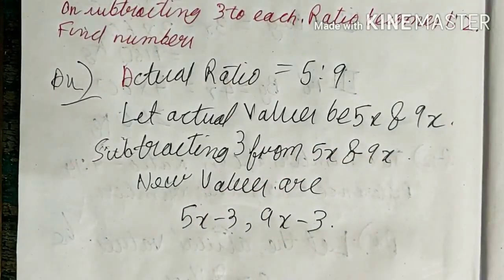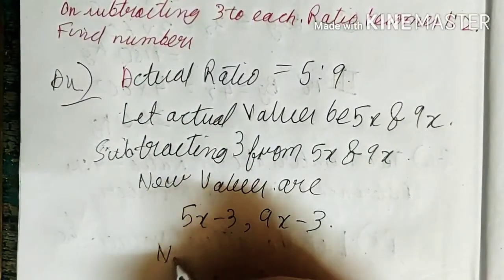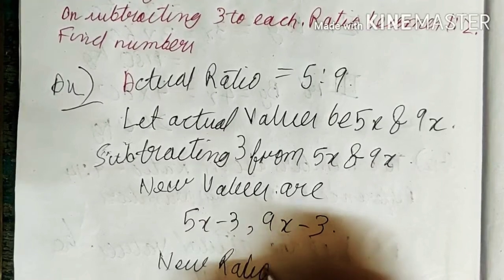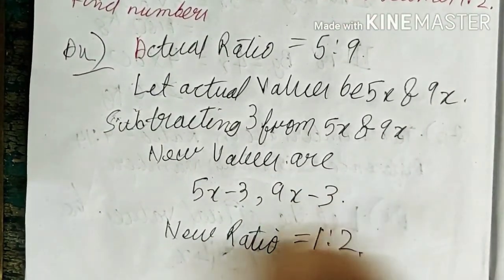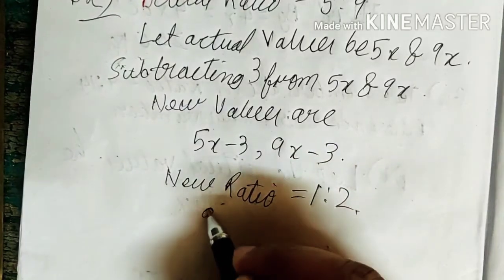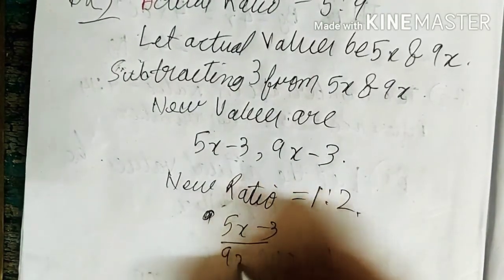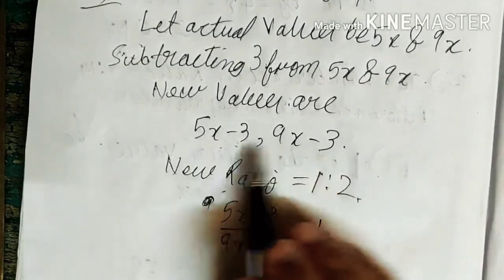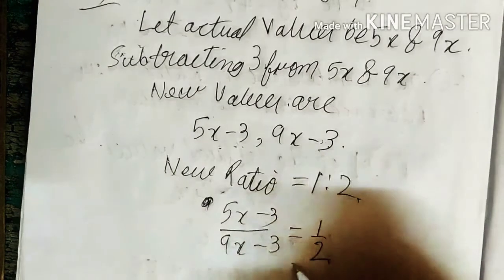Okay, these are the new values and the ratio becomes 1:2. That is, the new ratio here is 1:2. That is, 5x minus 3 upon 9x minus 3 is equal to 1/2. The ratio of new values is 1:2. Okay, now we have to find the value of x.